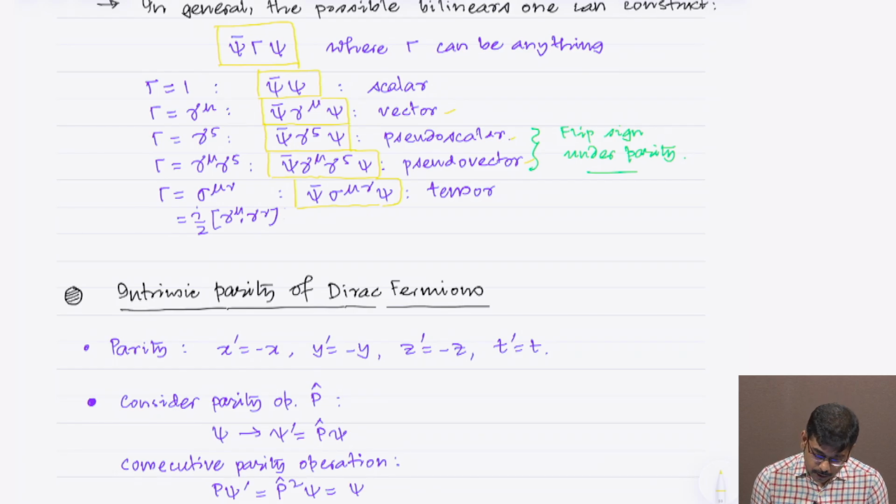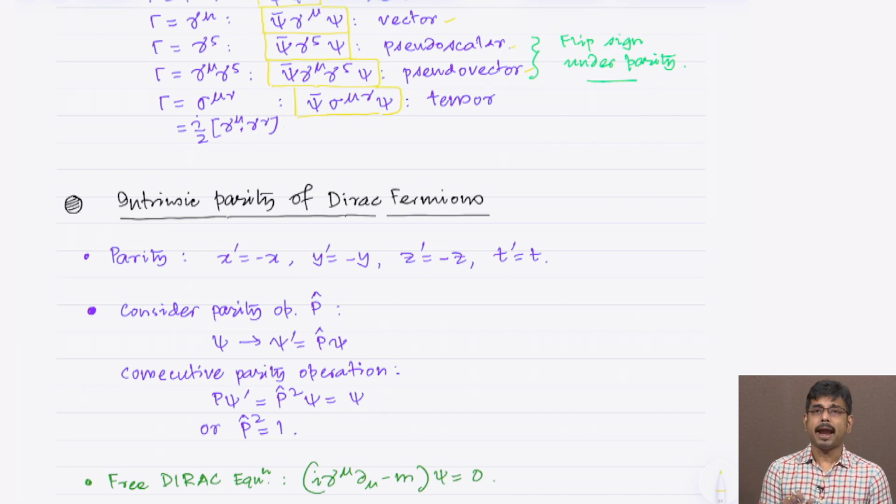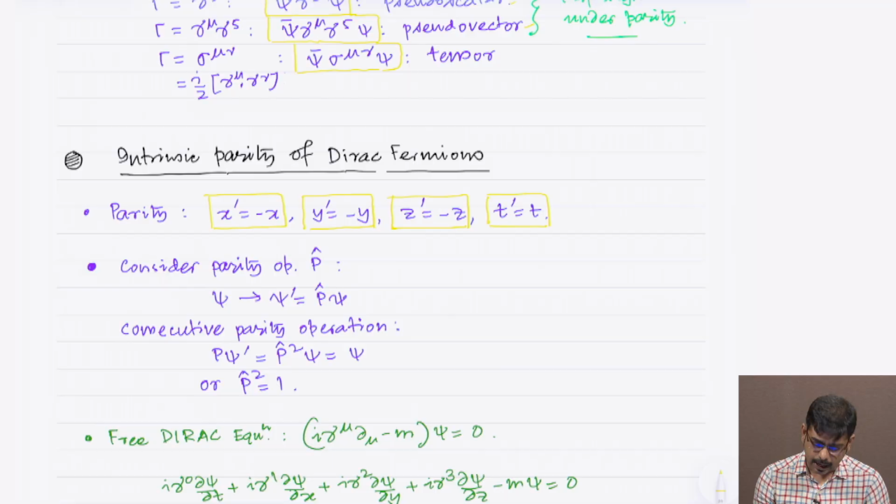First of all, what is a parity transformation? The parity transformation is defined by a mirror symmetry in the spatial coordinates. So basically x prime is equal to minus x, y prime is equal to minus y, z prime is equal to minus z. However, t prime remains t. Suppose I try to see what happens if I do a parity transformation on the Dirac spinor.